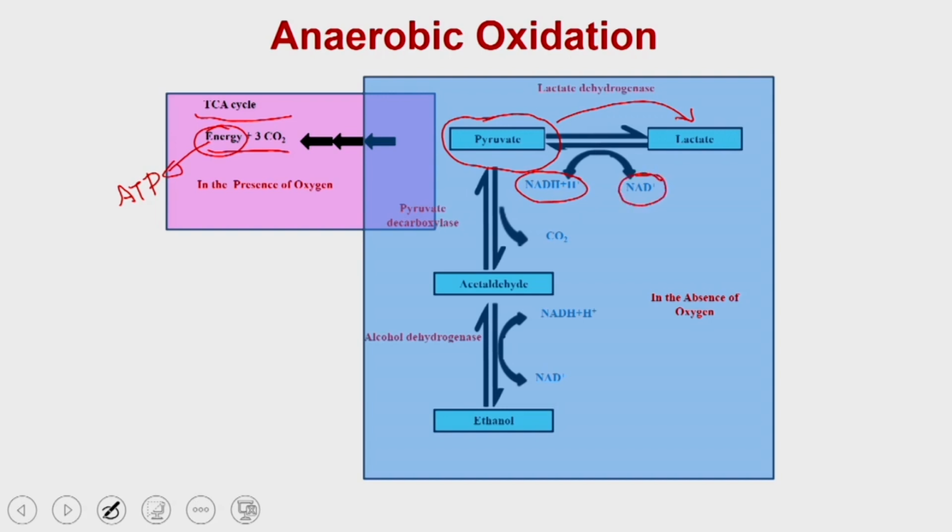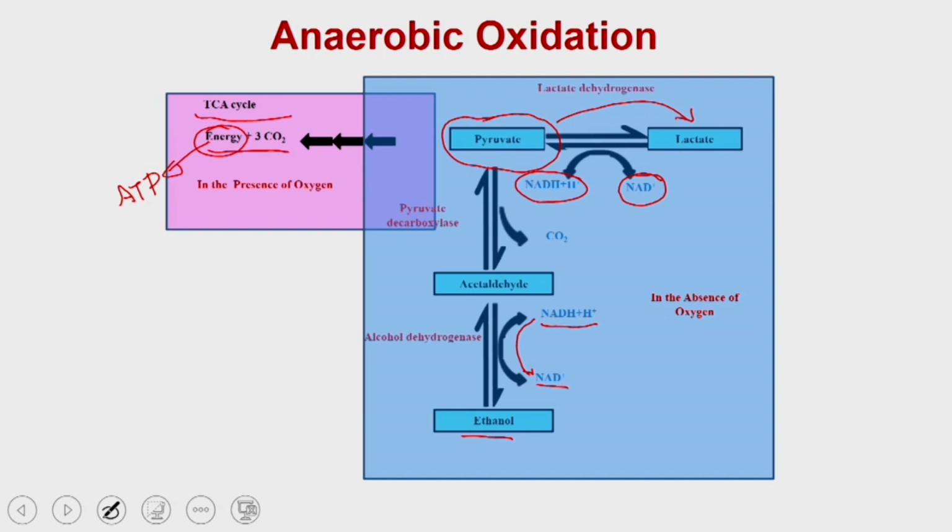In the other pathway, it utilizes 2 enzymes, one called pyruvate decarboxylase, the other called alcohol dehydrogenase. It does the decarboxylation reaction first to generate acetaldehyde from the pyruvate, and then from the acetaldehyde it generates the ethanol, where 1 molecule of NADH is used and converted into NAD plus.